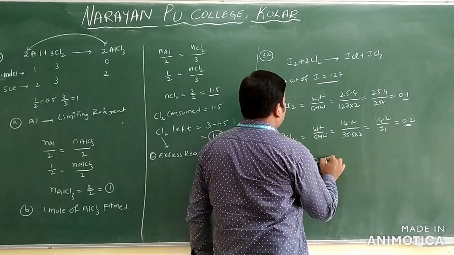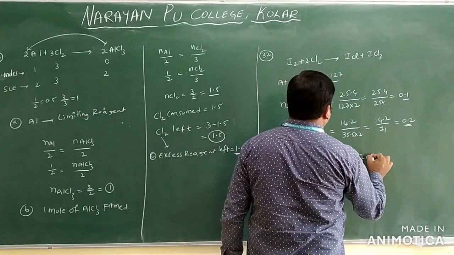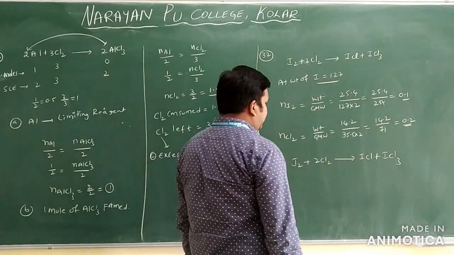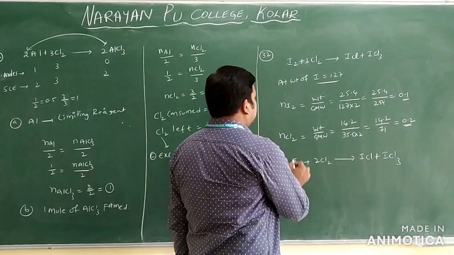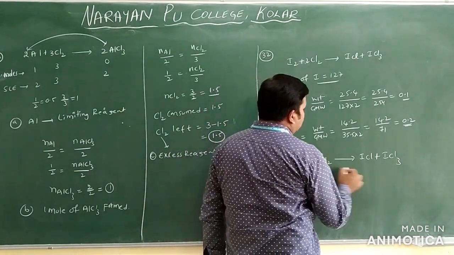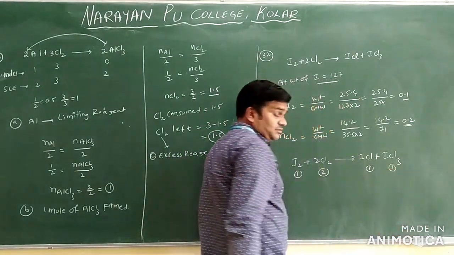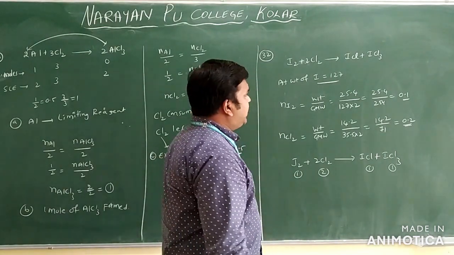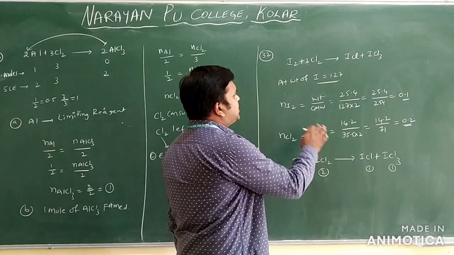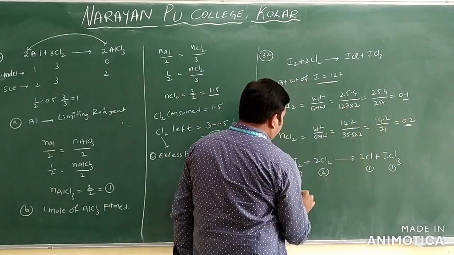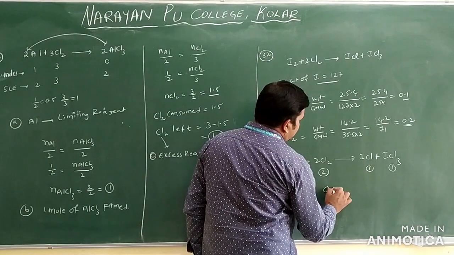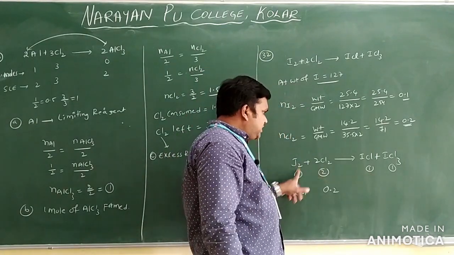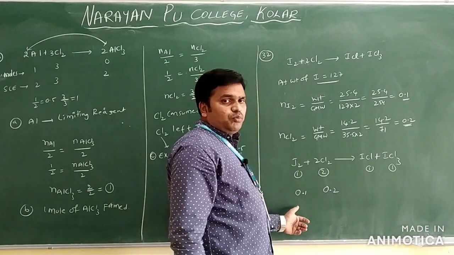I will write the equation again here. I2 plus 2Cl2 gives rise to ICl plus ICl3. From the balanced equation, the number of moles is 1 for I2, 2 for Cl2, 1 for ICl and 1 for ICl3. But here, from our calculation, the moles of I2 are 0.1 and of Cl2 are 0.2.